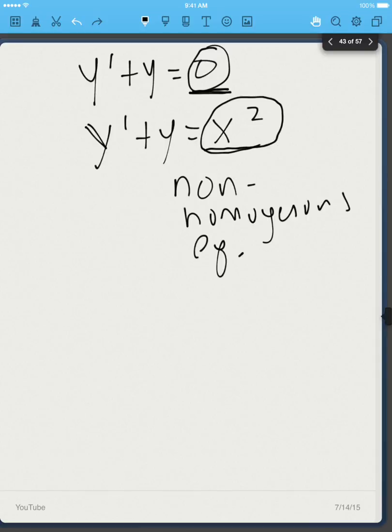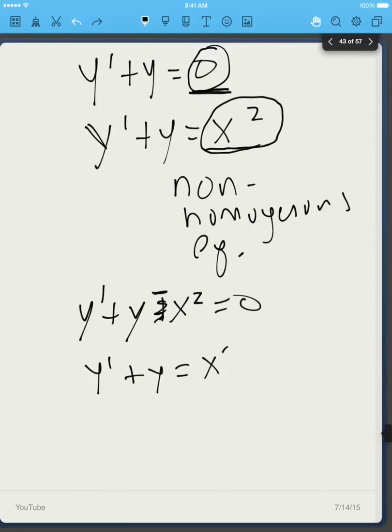So basically, what this means is, what's the best way to say this? If I wrote something like this, then this is a non-homogeneous equation because obviously this is just equal to x squared.